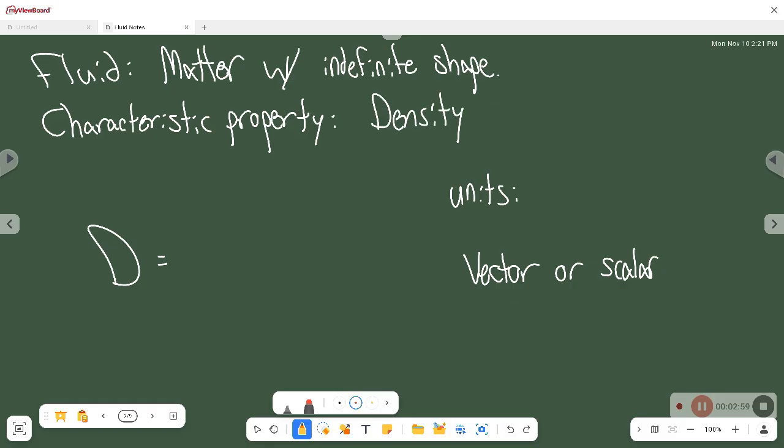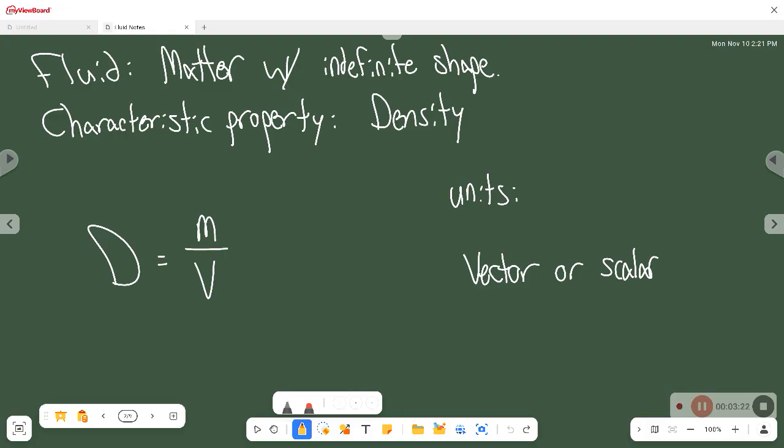Okay, so a characteristic and very important property of all fluid is their density. We call it a characteristic property because it kind of defines and dictates a lot of the properties and characteristics of that fluid, okay? So let's talk about what density is. Well, density, it has an equation, probably one you have encountered before. Our equation for density is mass divided by volume.